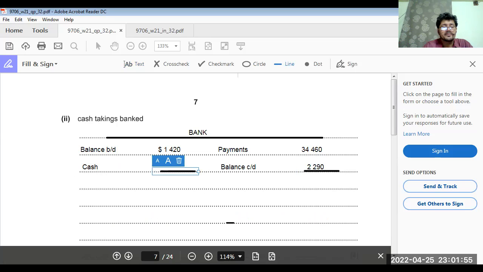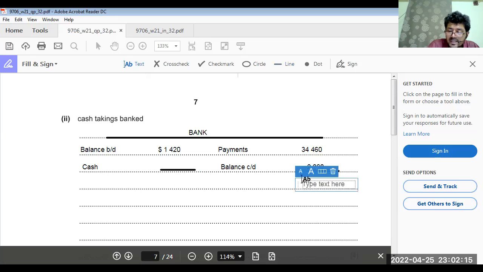This is 34,460 plus 2,290. 36,750. 36,750 minus opening balance 1,420. 35,000.